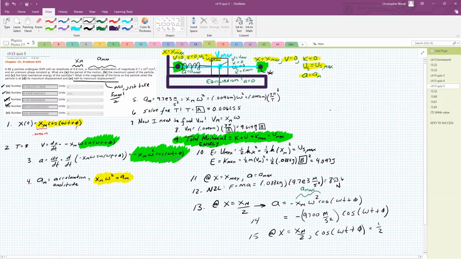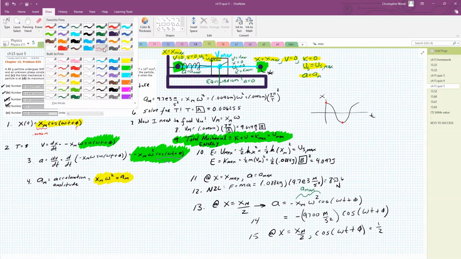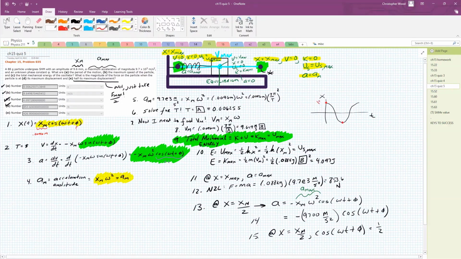So let's just talk about that. Here's a cosine function. This is X versus T. This is my maximum displacement, so this is my displacement amplitude. That's XM at that very peak or at this trough. And so this is 0. So this is the halfway point. Okay, I think that's airtight enough. This would be XM over 2.